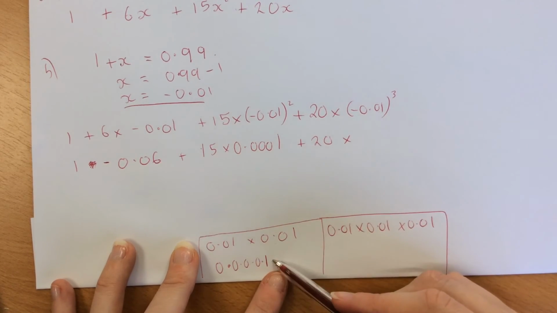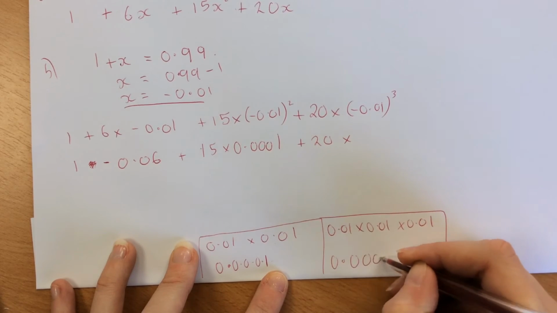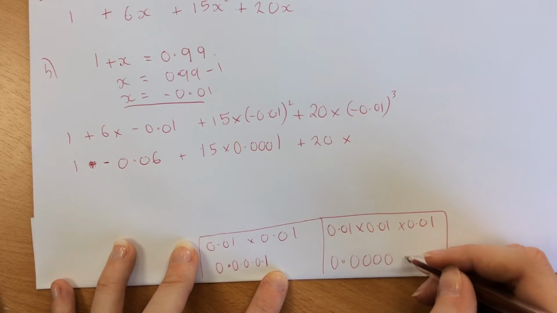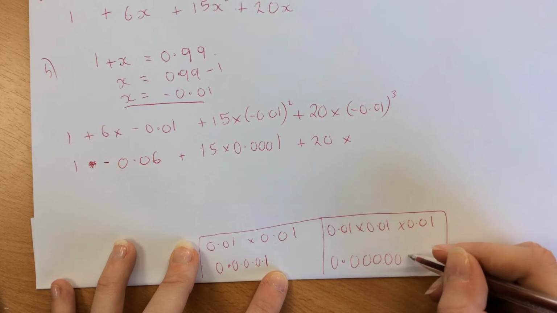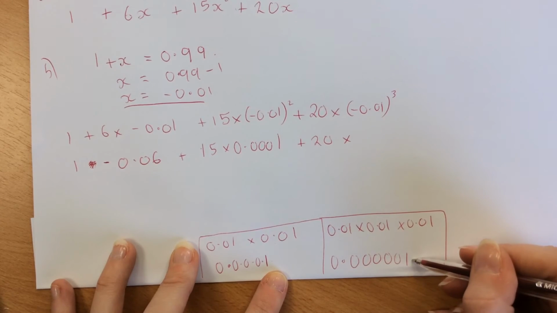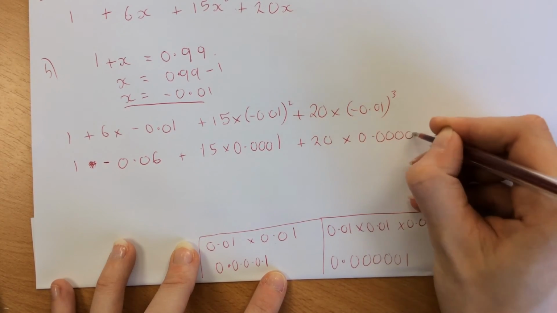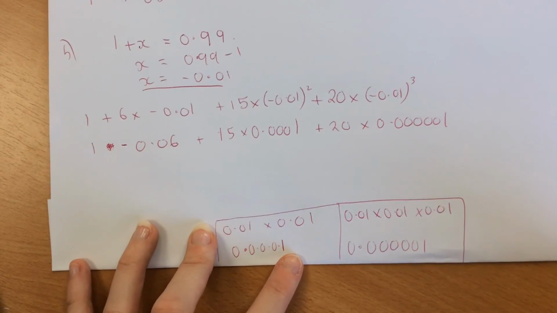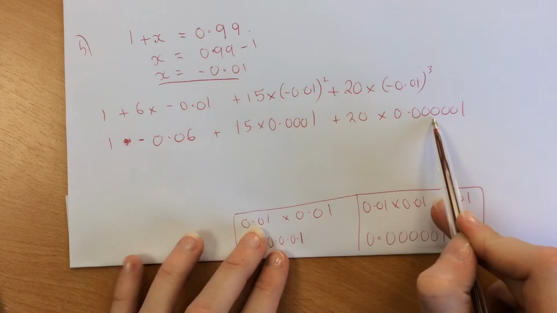Instead of 4 decimal places, we'll put in 6. 1, 2, 3, 4, 5, 6. Okay, so 20 times 0.000001. You can work that out in your head, and work that out in your head.